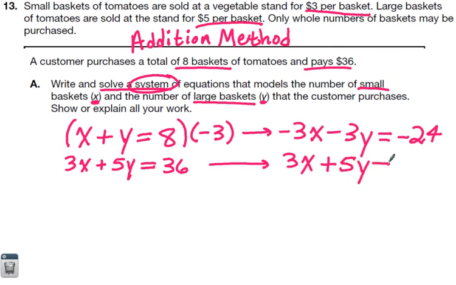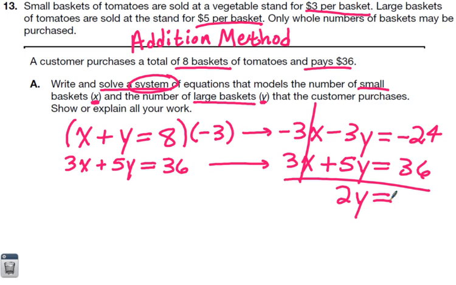You can just leave it as is, because as long as you have opposites that are going to add up to essentially 0, you can go ahead and add the equations together. All right, the y's, negative 3y plus 5y, that's going to be 2y. Negative 24 plus 36, that is going to be positive 12.